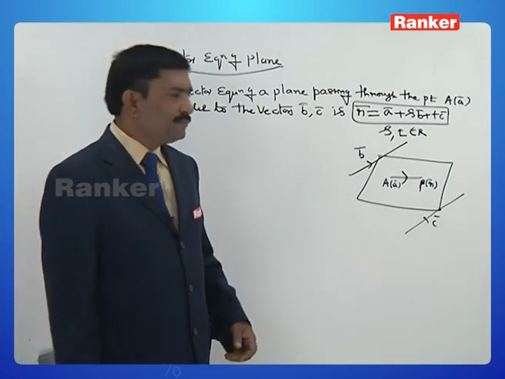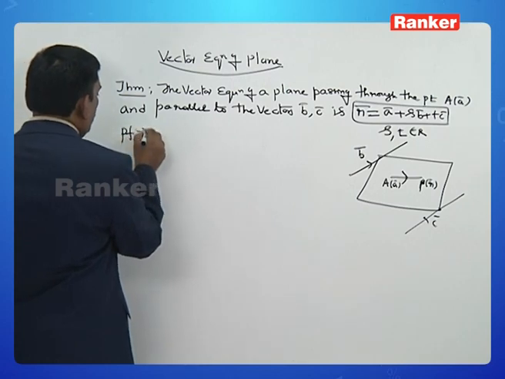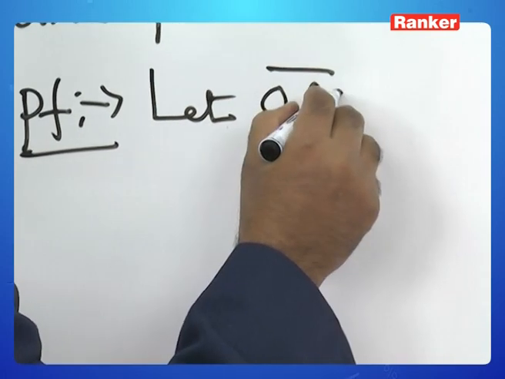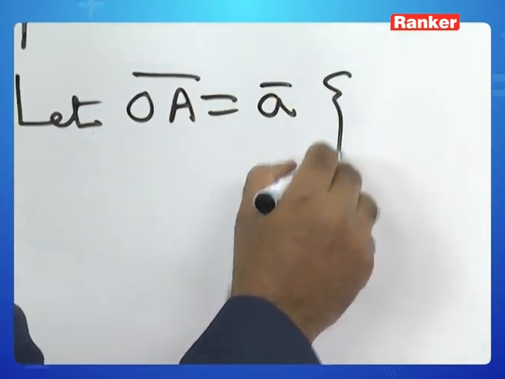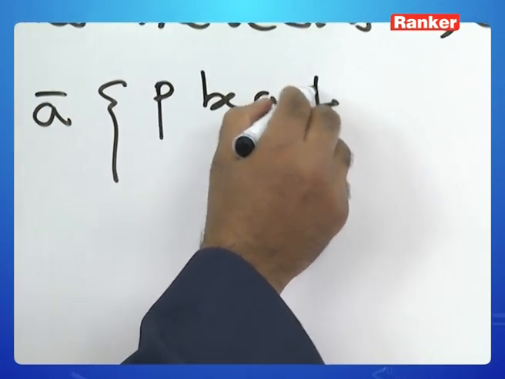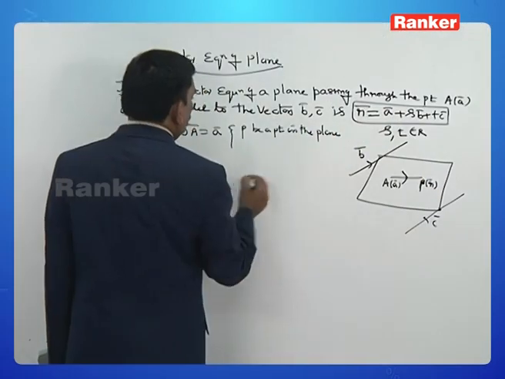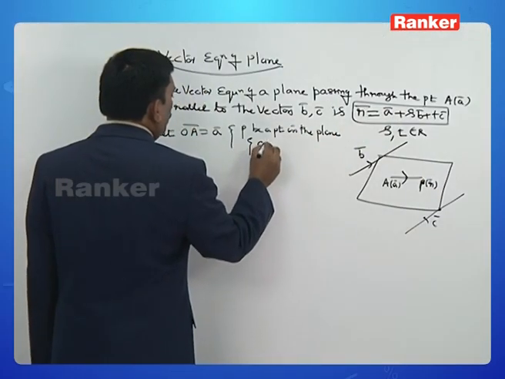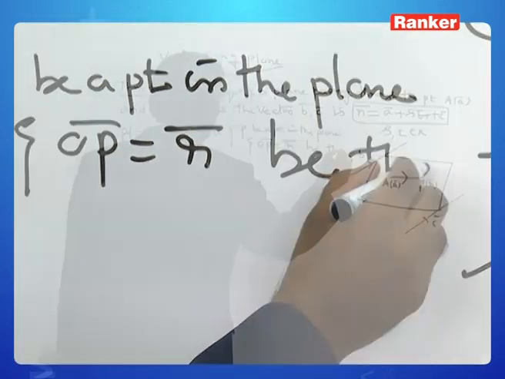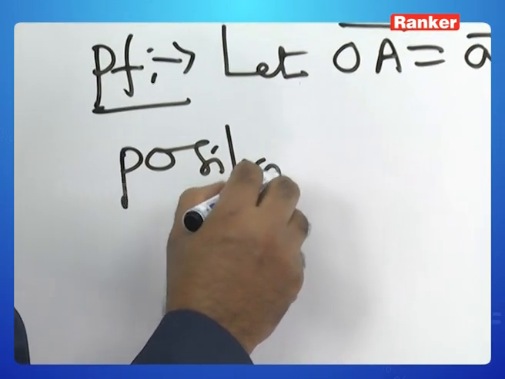Now let us see how this can be interpreted. Let OA bar is equal to A bar and P be a point in the plane, and OP bar is equal to R bar be the position vectors.